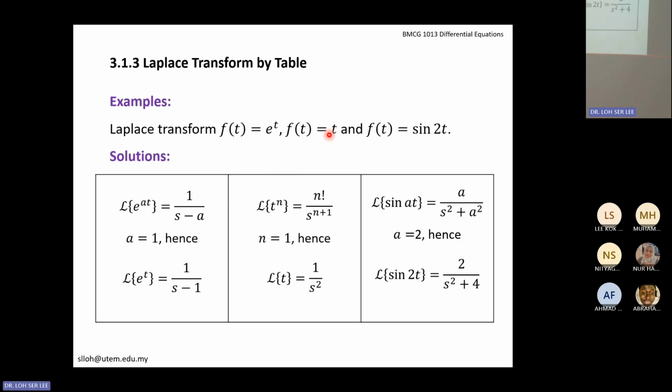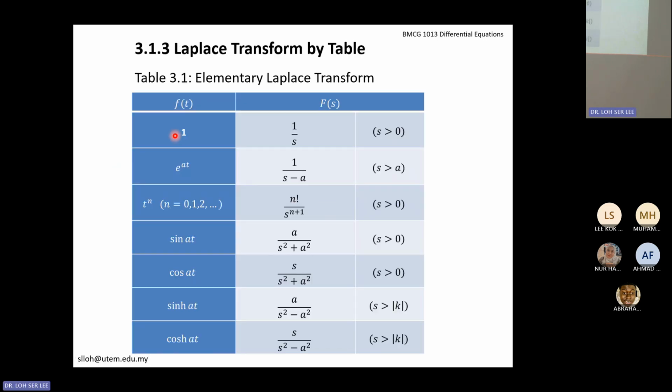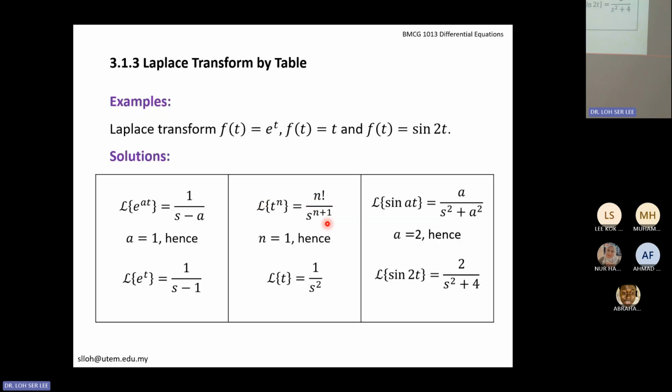Very simple. And when your function is t, this is t to the power of 1. From the list, first of all, you have to look at your f(t) and see which category it belongs to. So for t, you have to choose this formula. When n is 1, because this is t to the power of 1, you have 1 factorial over s^(1+1), which is s squared. 1 factorial is 1.